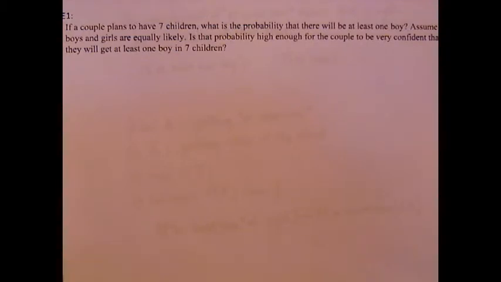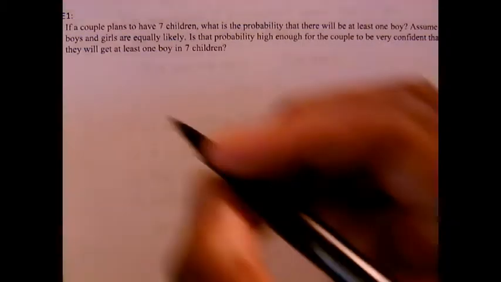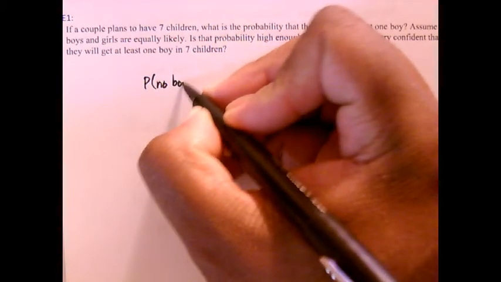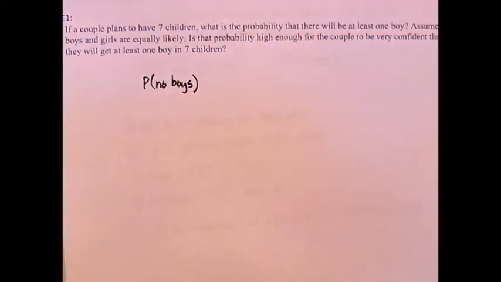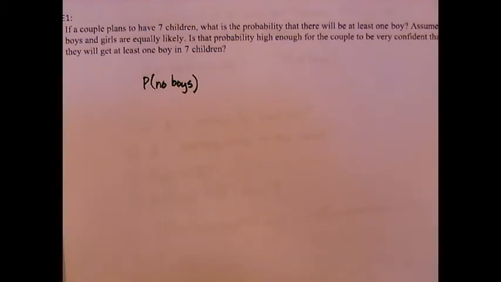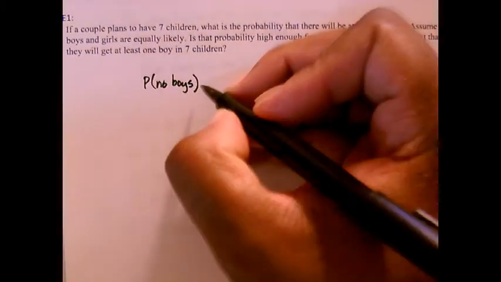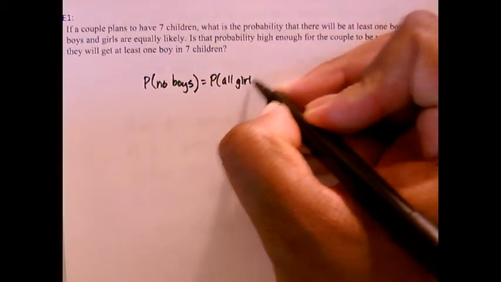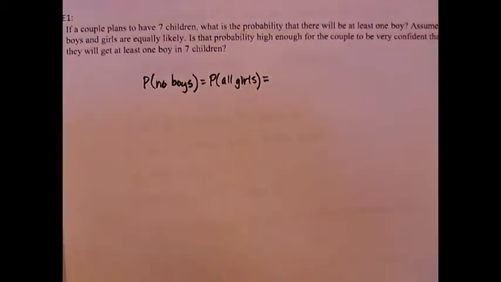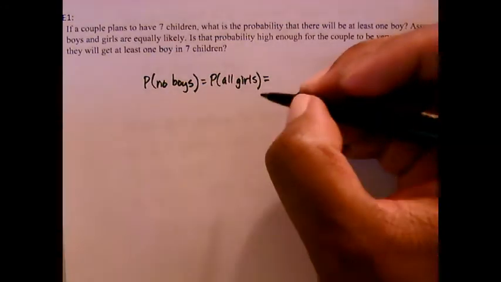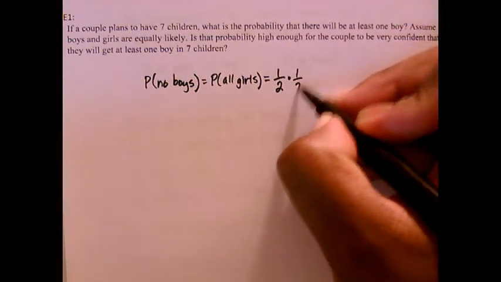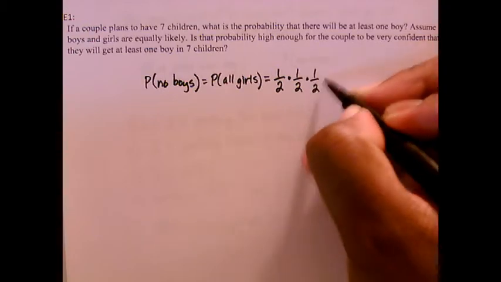Now, to find the probability of at least one boy, let's find first the probability of getting no boys. Okay? The probability of getting no boys is the same as saying the probability of getting all girls with 7 children. Now the probability of getting one girl will be 1/2. So for all 7 children being girls, we're going to multiply by 1/2.